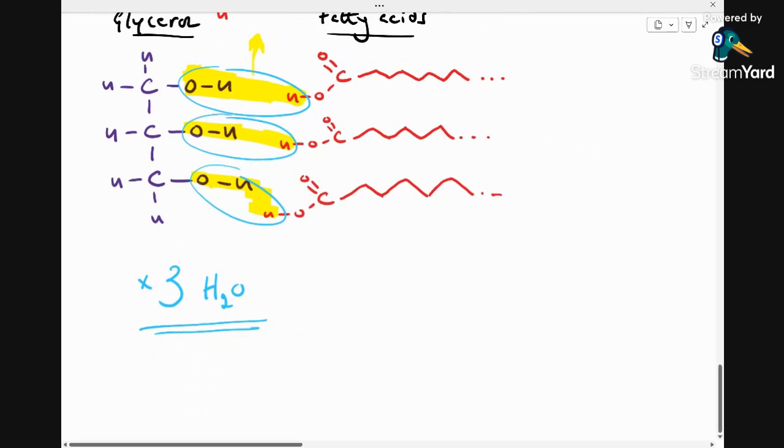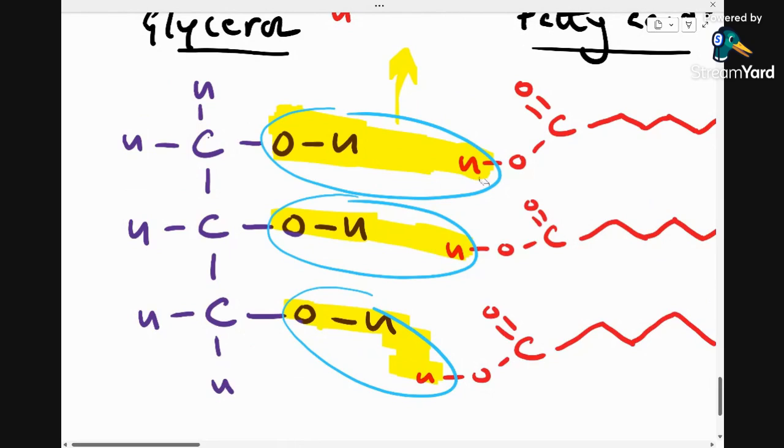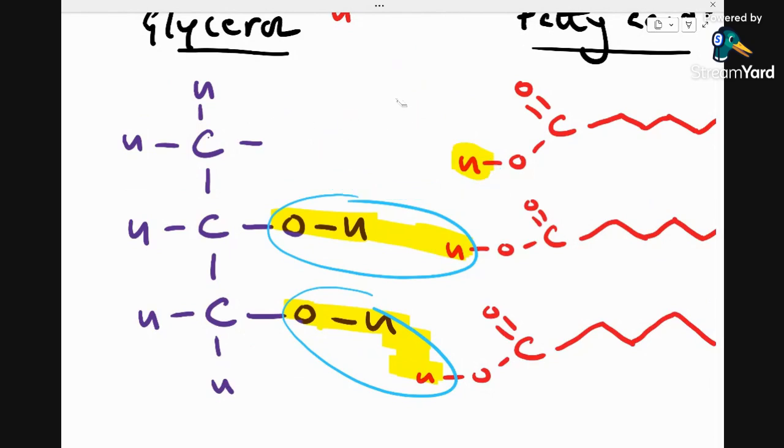And the result is that they're going to be joined together. If I now get rid of the OH here, and get rid of the hydrogen here, and fill in the new bond, I'll color it differently to show that it's a new bond that's formed. That is the new bond that is going to be formed.